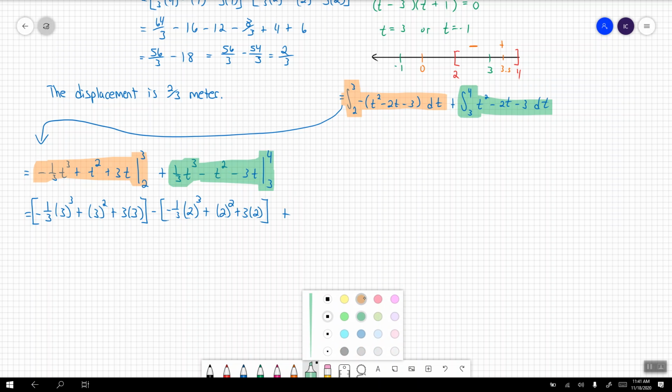So again, that was that first function. Plus the second function evaluated at 4.